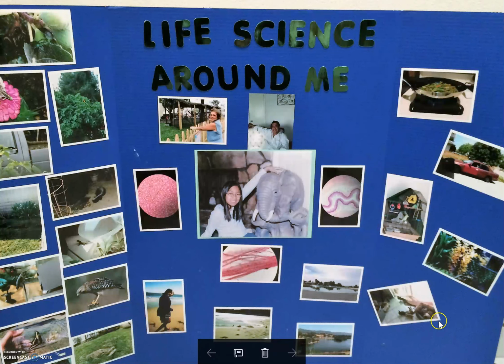Fish have a structure and form. Lizards have a unique structure. Dogs, cats, birds, everything has a unique structure. So this is anatomy. This is also highlighting heredity, because here we have kittens with their mother cat, and you can see the different variations of genes that she passed on to her kittens.